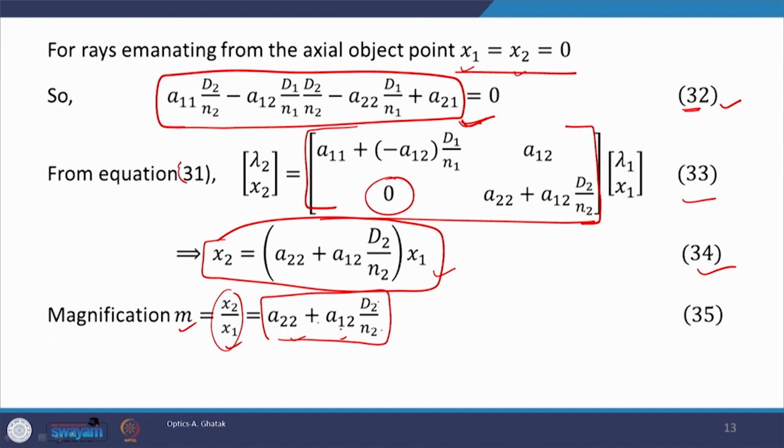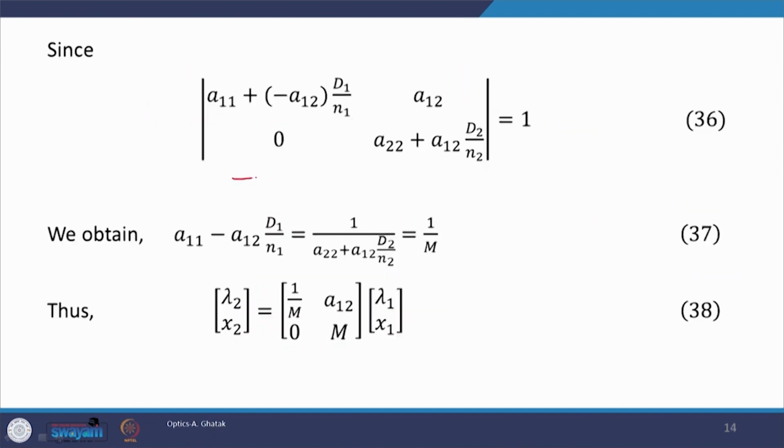Now, let us exercise this second condition, that the determinant of the system matrix must be equal to unity. Then what we get is the following: this expression is equal to 1 by this expression. But this term is equal to magnification. Therefore, we can write 1 by a22 plus a12 d2 by n2 is equal to 1 by m. M is nothing but your magnification.